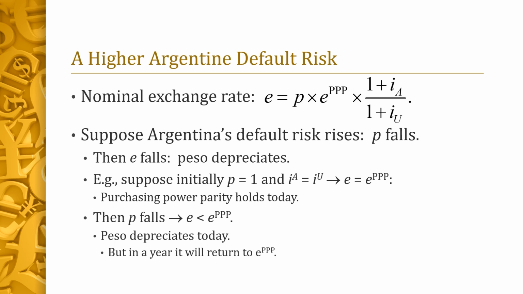Intuitively, the default risk has risen with no change in the Argentine interest rate. The only way that investors will buy Argentine bonds is if they expect the peso to appreciate. Today's decline in the nominal exchange rate is what makes that happen. Investors are willing to buy Argentine bonds despite the default risk because they expect the peso to appreciate over the coming year.